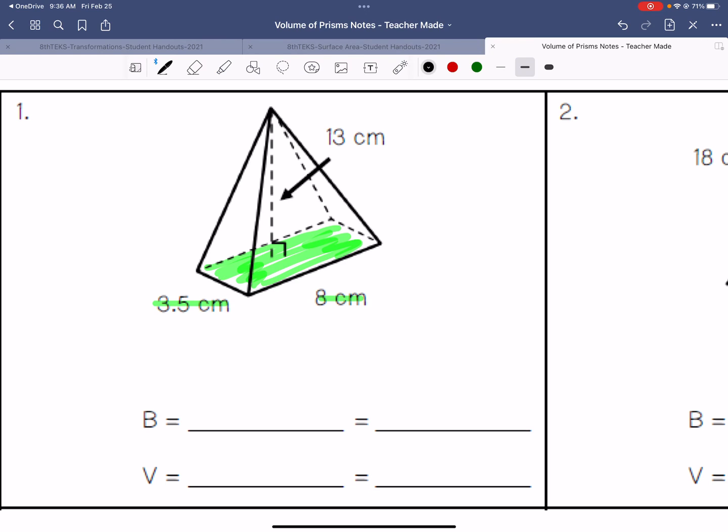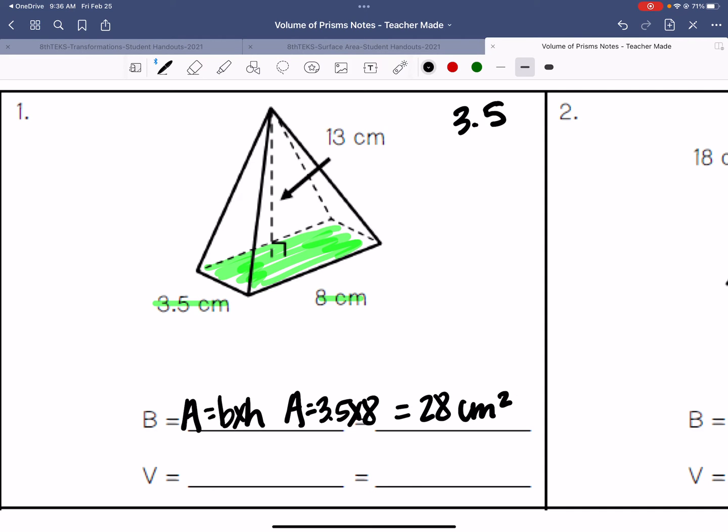So what I know is that to find the area of a rectangle, it's base times height. So we are going to find the area by multiplying 3.5 times 8, and that's going to equal 28 centimeters. If you don't believe me, we can do it up here.